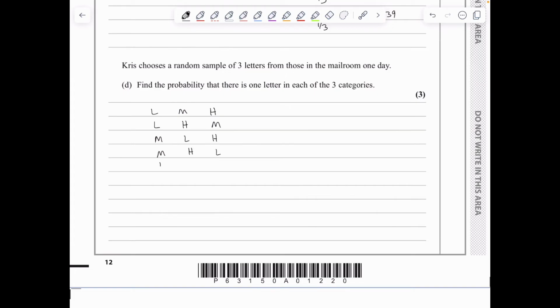And finally, it's the heavy, light, medium, and heavy, medium, light. We've got a total of 6 combinations, and each of these combinations has a probability of a third times a third times a third of appearing, because the probabilities associated with each of the 3 classes are a third. So plug this on the calculator, get an answer of 2/9.